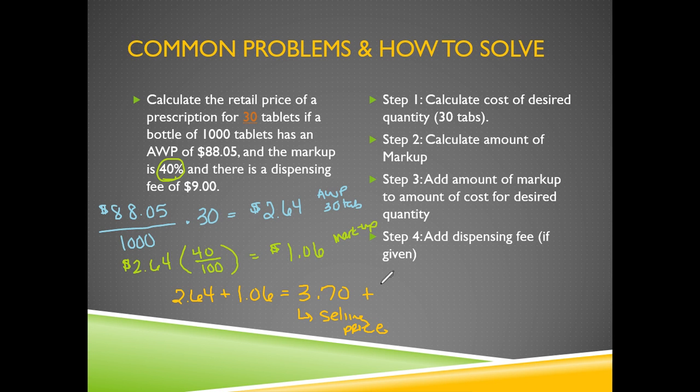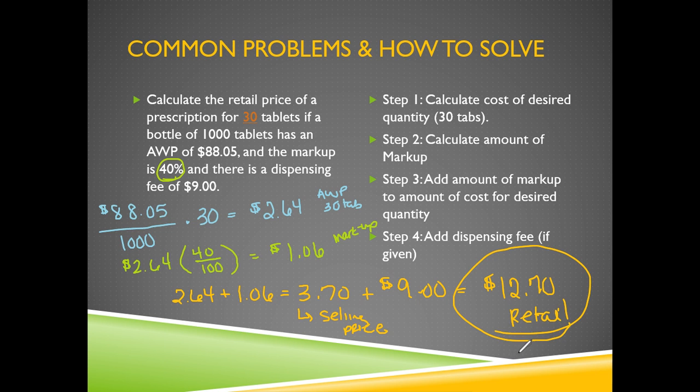However, we have to add in our dispensing fee, because there is one given of $9, so $3.70 plus 9 is $12.70. This would be my retail price. That's how you would perform a problem where they want you to calculate the retail price based on a markup and a dispensing fee.